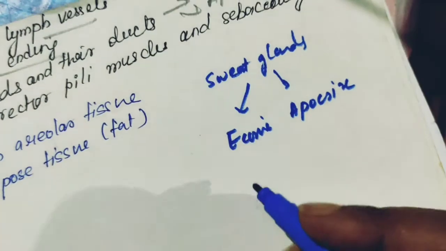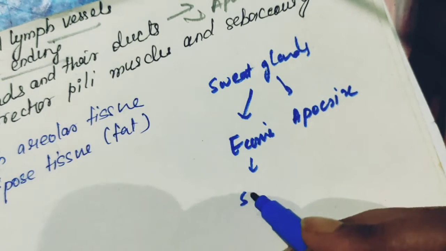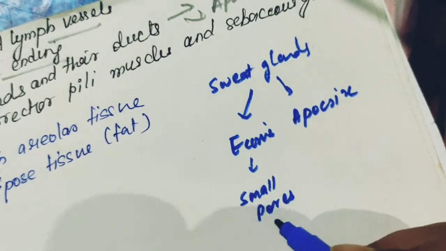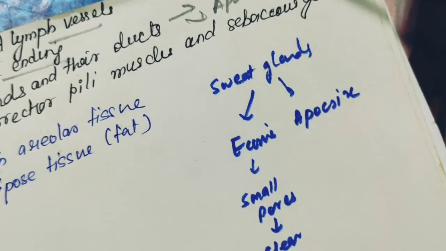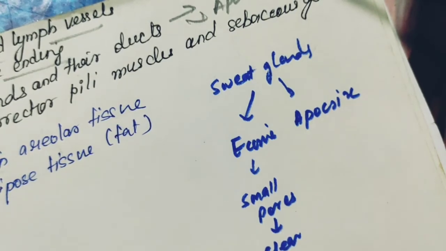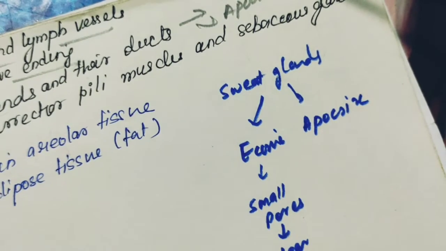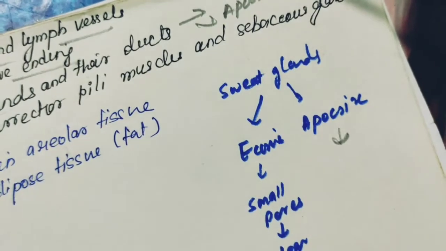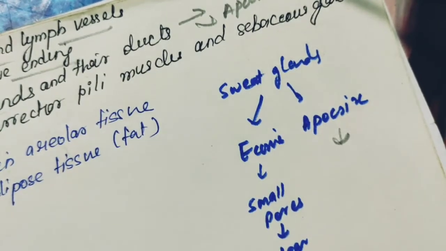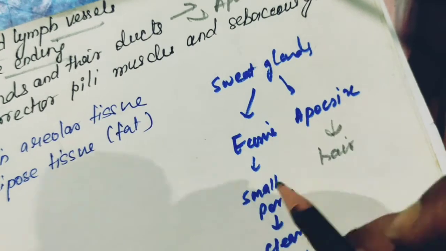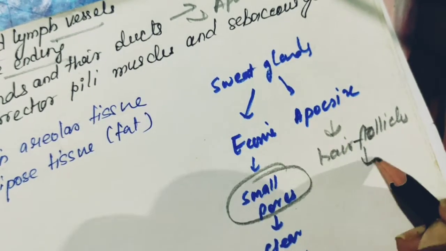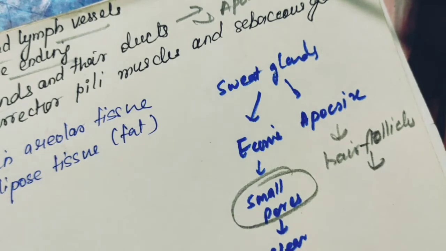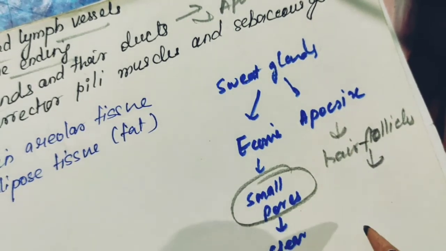Eccrine glands open through very small pores and produce a clear, watery fluid. Apocrine glands open through hair follicles and generally become active in puberty, in areas like the axilla and genital area.